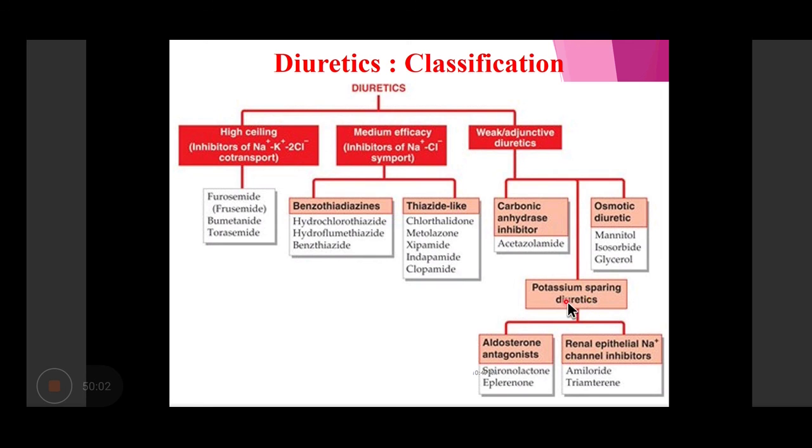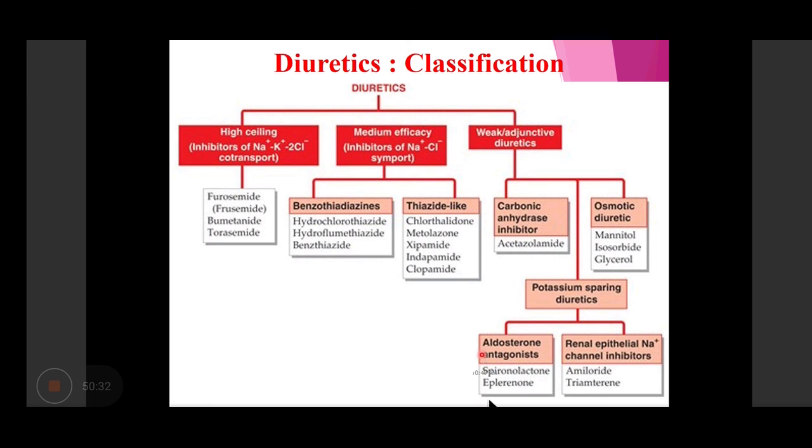Then you have potassium sparing diuretics. So they can be either aldosterone antagonists or renal epithelial sodium channel inhibitors. So aldosterone antagonists have steroidal names, like progesterone or testosterone, basically spironolactone, eplerenone.